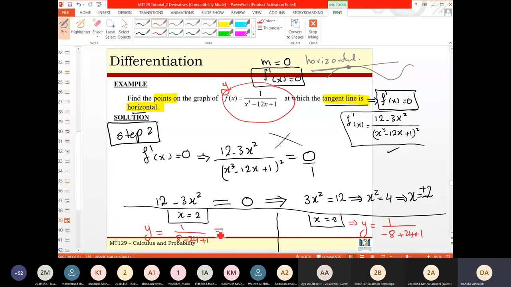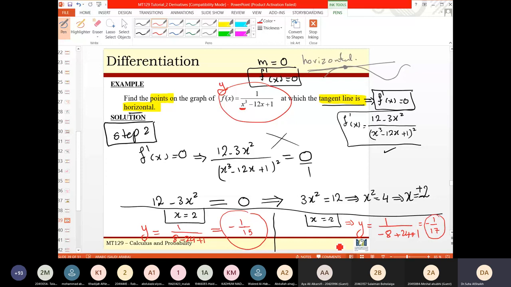How much is this? Can somebody tell me? This will be 9 minus 24, minus 15. Right? Yeah. 1 over minus 15. 8, which is 2 to the power 3. I'm substituting here. And what about this one here? 17, so 1 over 17.